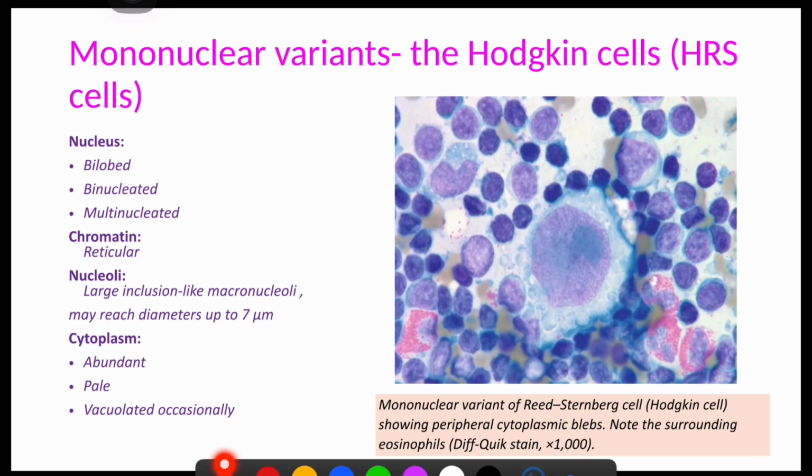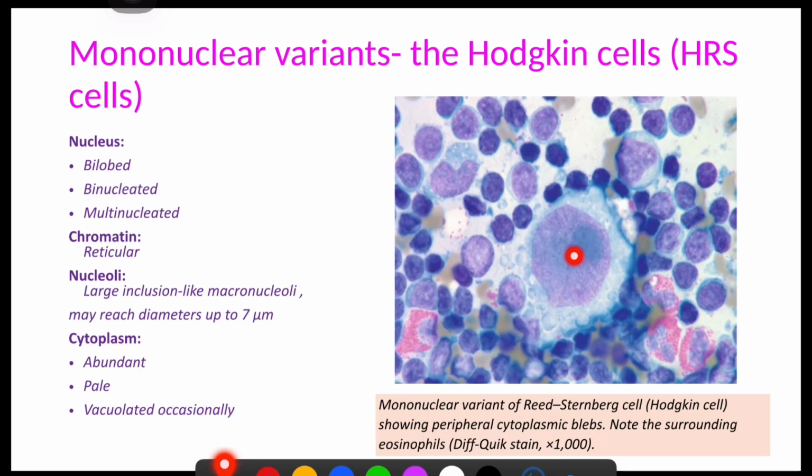There are variants of this HRS cell. So one is mononuclear variant, or it is called Hodgkin cell. These cells may have nucleus either bilobed or binucleated or multinucleated. This is the mononuclear variant, and it is having a reticular chromatin pattern.